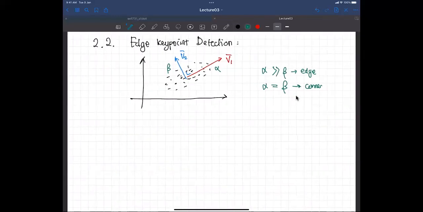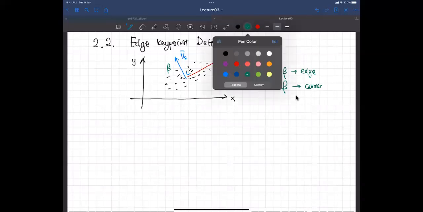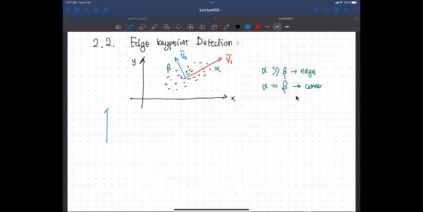So if this is the distribution in the space of X and Y, and we have another space, let's say a space of alpha and beta, then where will the corners be in this space?